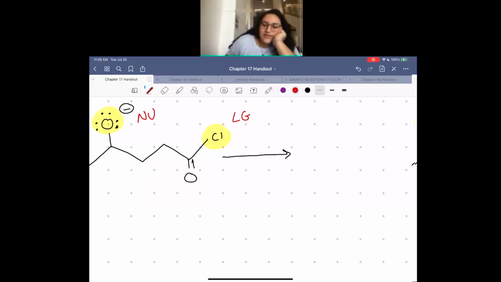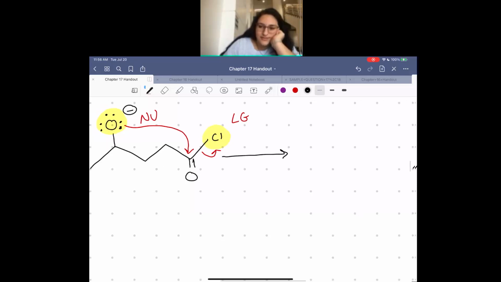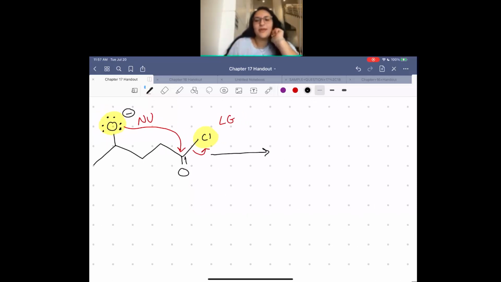So we're going to do a nucleophilic acyl substitution. This is going to come here, and we're going to kick off the leaving group. And yes, I'm shortening the mechanism a little bit, but that's okay.